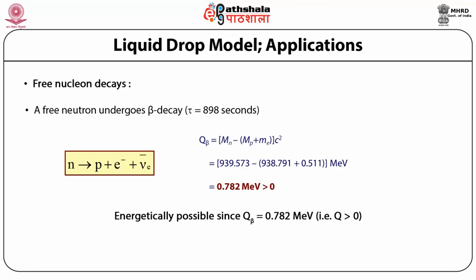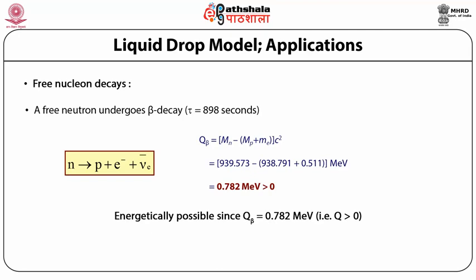Here there is another domain where we can apply the liquid drop model: free nucleon decays. A free neutron undergoes beta decay with a mean life of 898 seconds, and the Q value of this decay is given by (Mn minus Mp minus Me) c squared, and it comes out to be around 0.782 MeV, which is greater than 0.